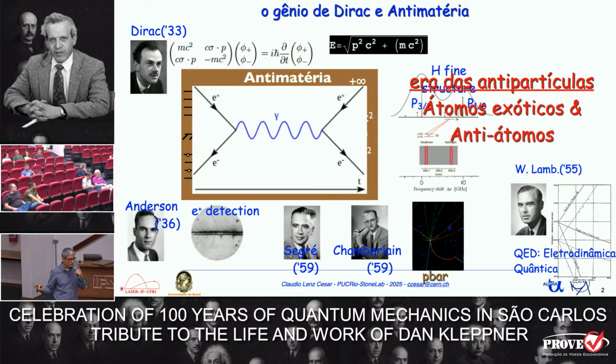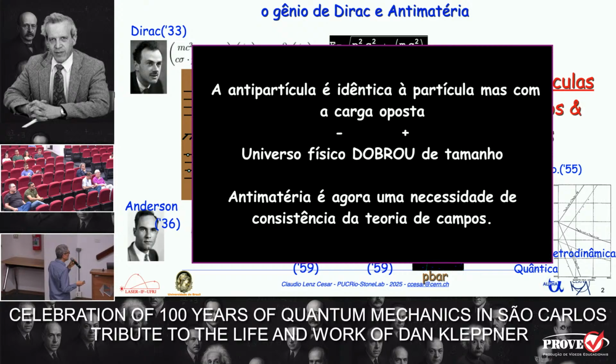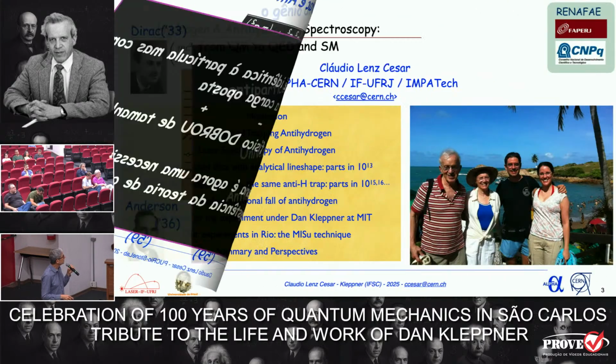So it's an amazing theory. Well, so Dirac basically doubled our universe of particles because of antimatter. Now, it's basic in the consistency of quantum field theory that you need these antiparticles.